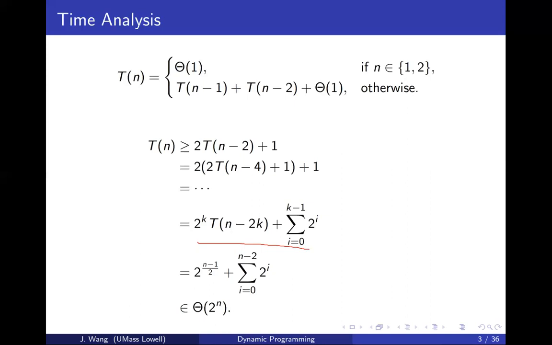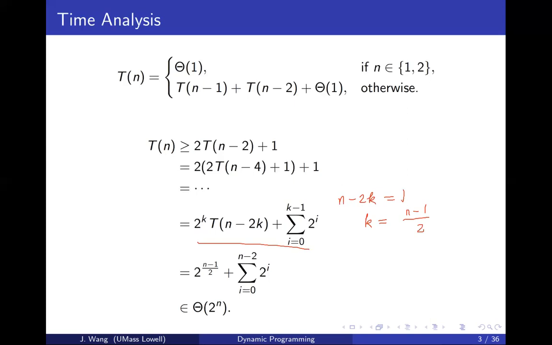So it just means that when n minus 2 to the k is equal to 1, let's say when it's equal to 1, okay, then it stops, okay? Because in that case, the T of 1 stops. So that means k is equal to n minus 1 over 2. So that's what we are having.